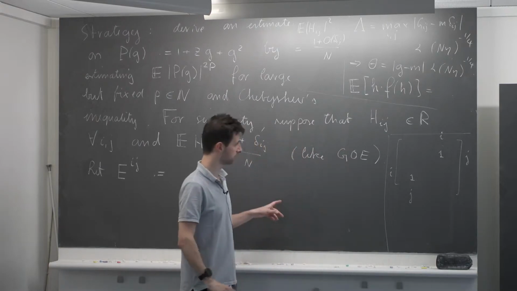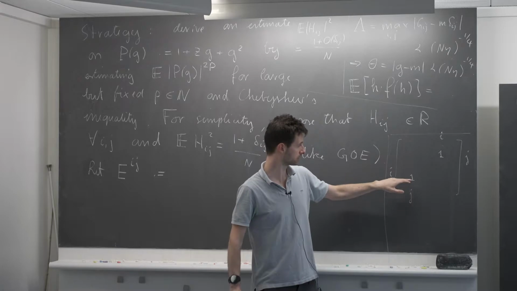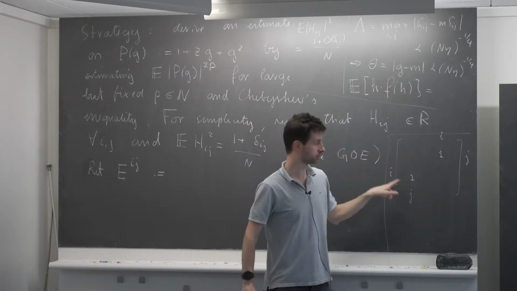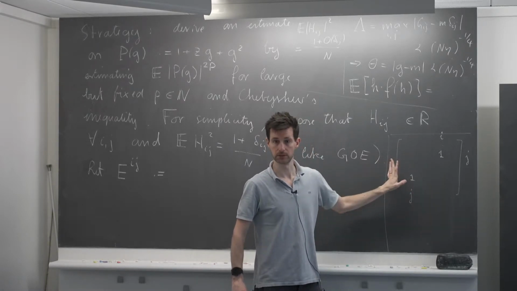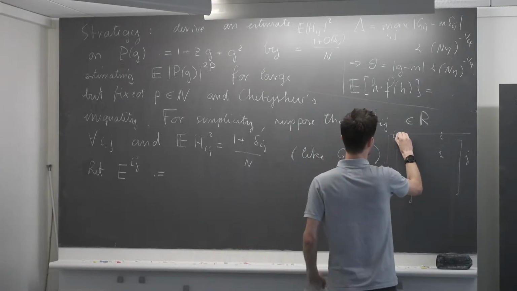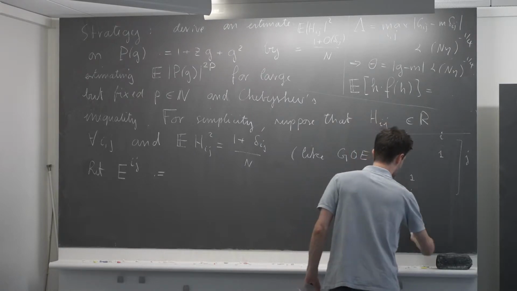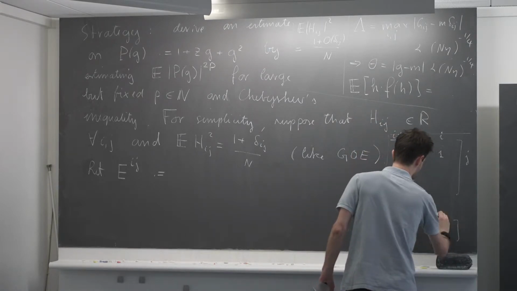If i is not equal to j, it is a matrix that has two ones at the positions ij and ji, and everything else is 0. And if i is equal to j, it has just one.